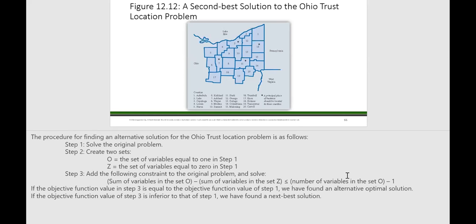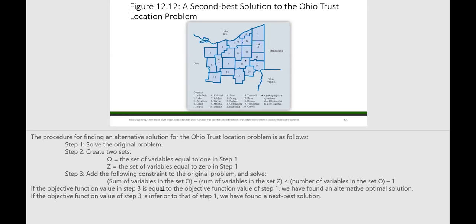And the nice thing about this is that if you have a pure binary model, where all the decision variables in your model are binary variables and there's no continuous variable, this approach is guaranteed to give you either another alternative optimal solution or the second best answer. So this is important.